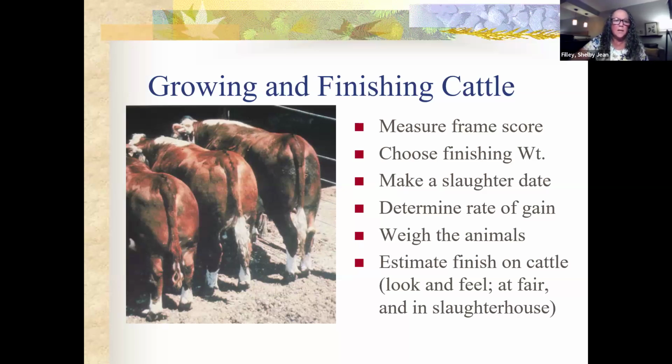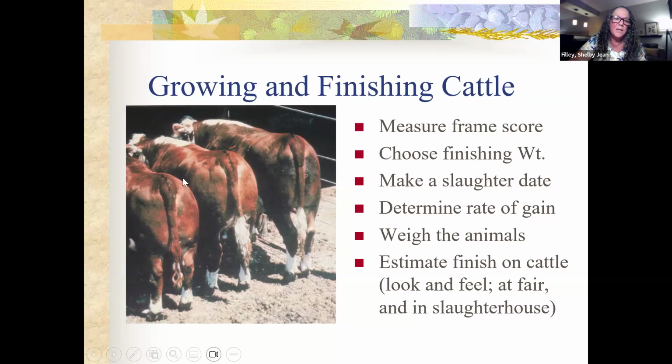So there's a few things here. These 3 different steers are all fed, fattened, ready to be harvested to grade high choice or better. But you see, this is a small frame, this is a medium frame, and this is a large frame steer.